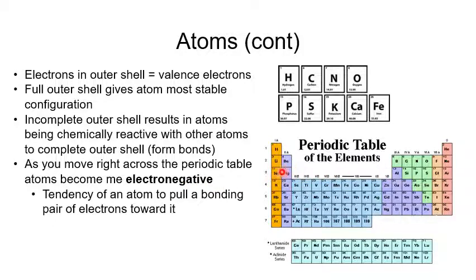So very low electronegativity, none to very low, to very high electronegativity over here. Okay. So how do these atoms get to be similar to these noble gases? How do they get electrons?